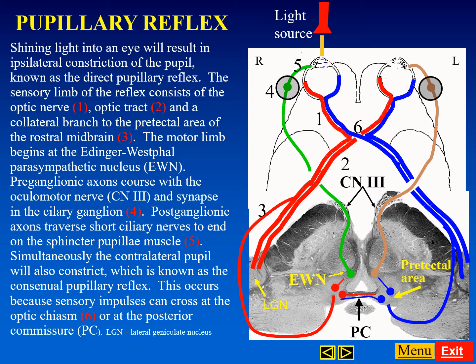Impulses travel along the right optic nerve to the optic chiasm, then the right optic tract, and along that optic tract there are collateral branches that come off that will swing around and eventually terminate on interneurons in the area of the pretectal region of the midbrain that will then hook up with a motor neuron located in the Edinger-Westphal nucleus. This is a parasympathetic cell body in the Edinger-Westphal nucleus.